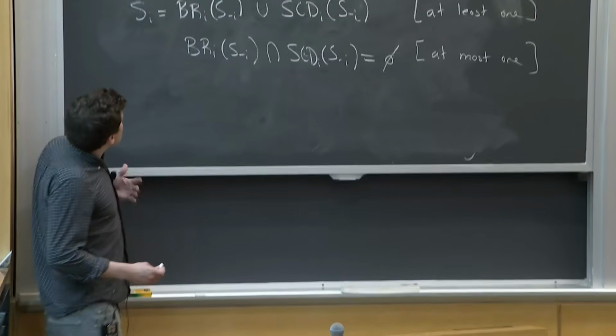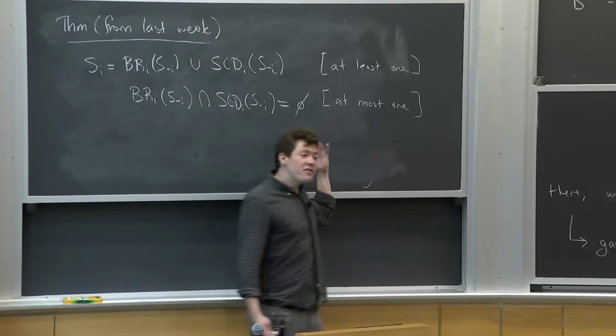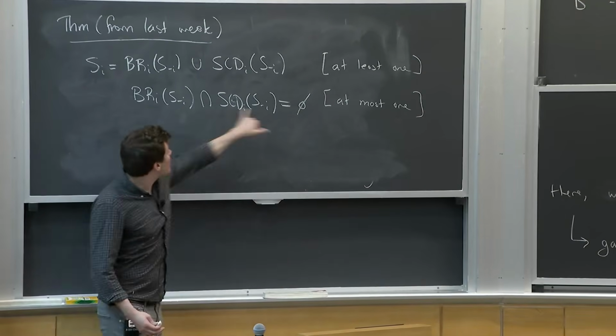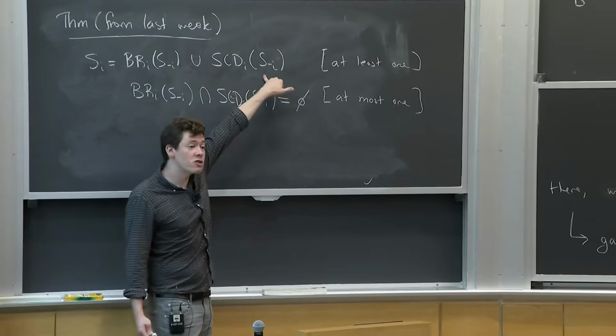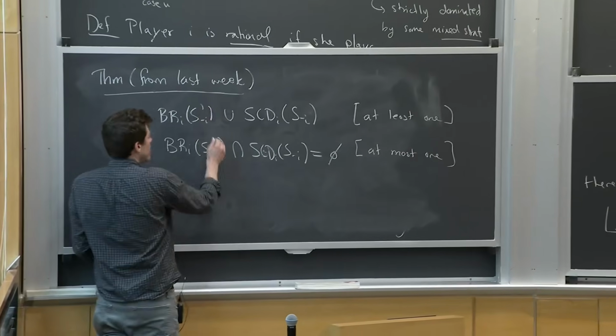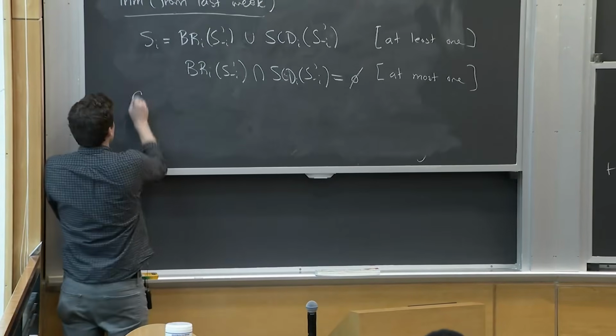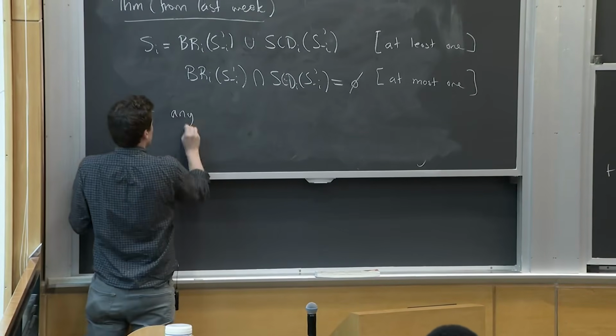It turns out, though, that this holds more generally. Last week, we had the special case with S negative I, where we didn't put any restrictions on these beliefs. It turns out this holds more generally if we put primes here. So this holds for any subset.